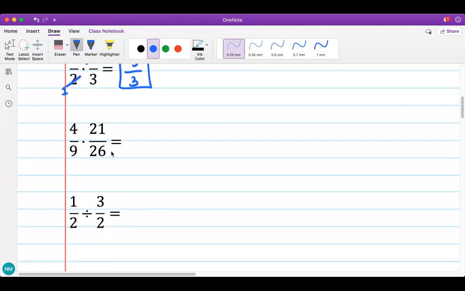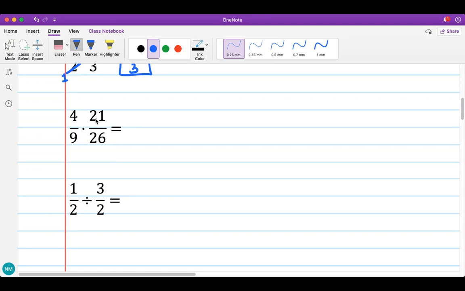Let's try these next two. We could do 4 times 21 and 9 times 26, but I don't know if you know that off the top of your head, so we can cross simplify here. 4 and 26, what is their common factor? If I had 4/26, I could simplify that by a factor of 2.